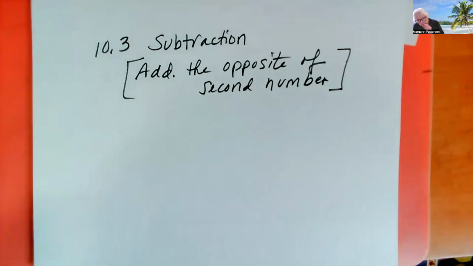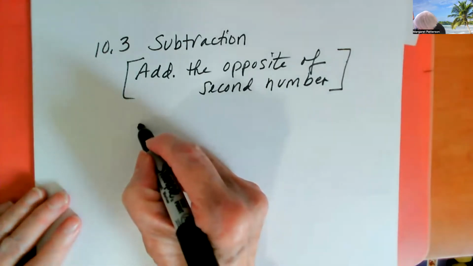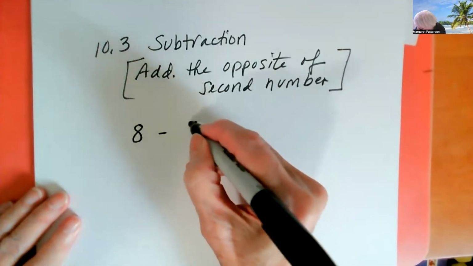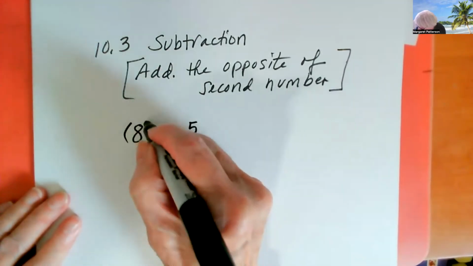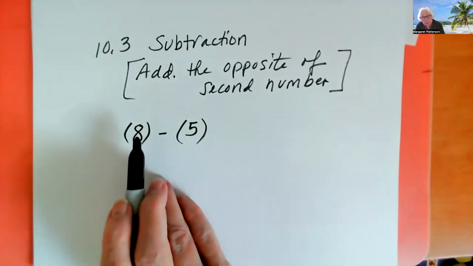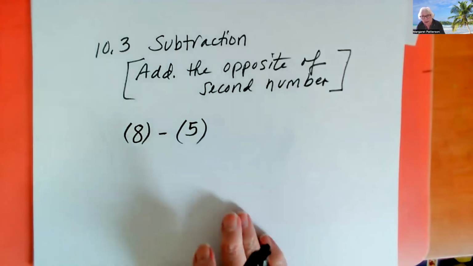Now, let's see what we're going to do. I'm going to take 8 and I'm going to subtract 5. I'm going to put the parentheses around it so it's really clear. I'm subtracting a positive 8, subtract a positive 5.